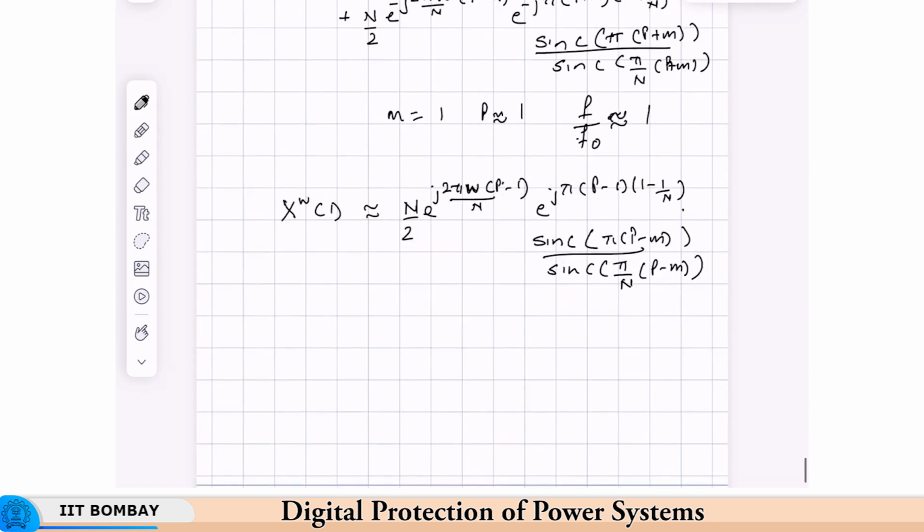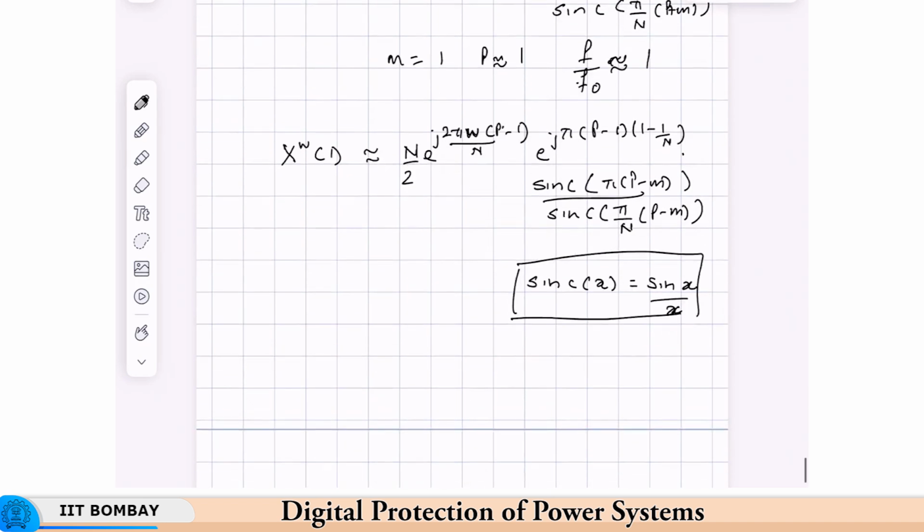In this class, of course, we didn't look at what the sinc function is. The sinc of x is defined as sin x upon x, if you remember from the last few classes. Anyway.